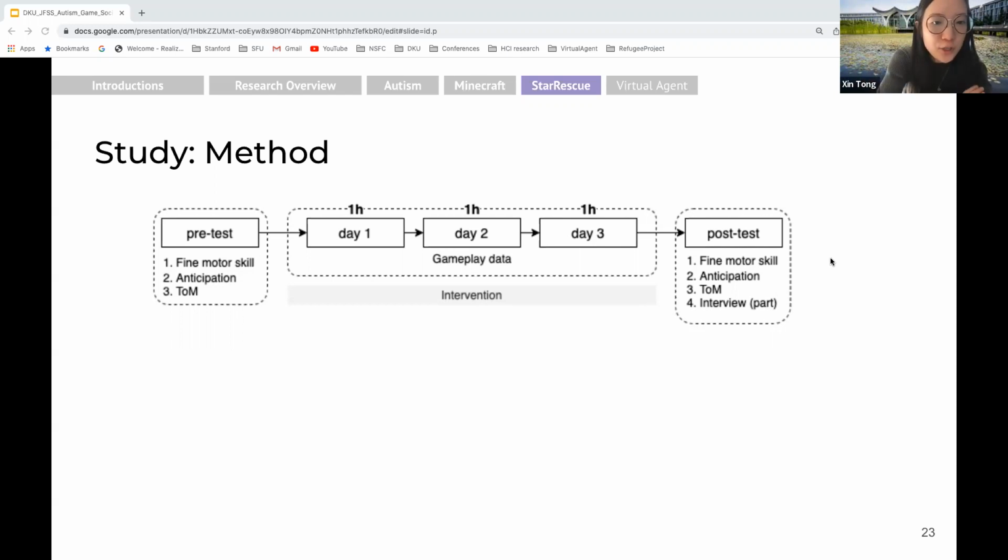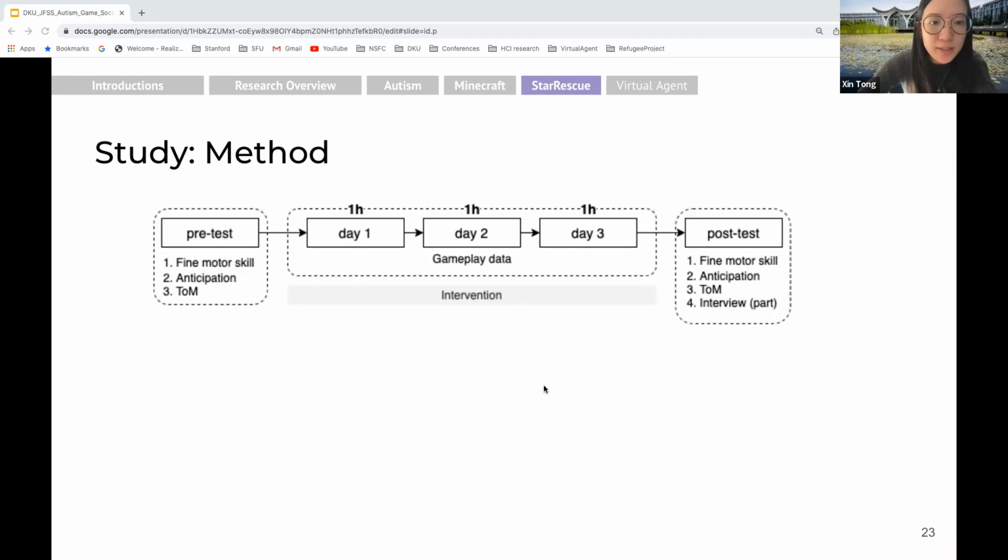We also measured parents' and teachers' anticipations from interviews, and a theory of mind test to test their ability to think from other perspectives. So it's a behavioral test.